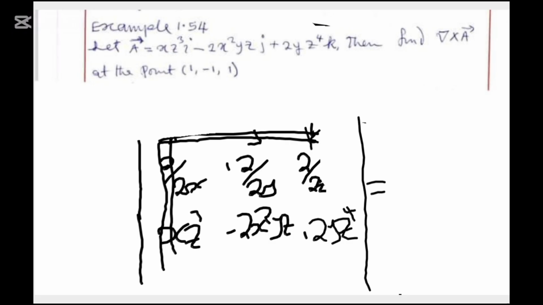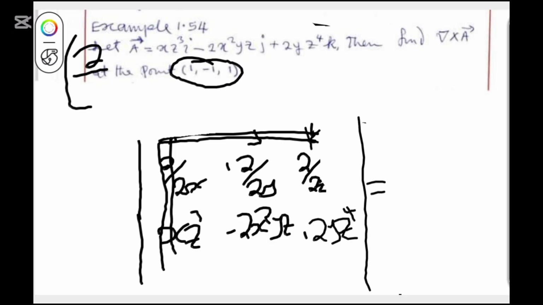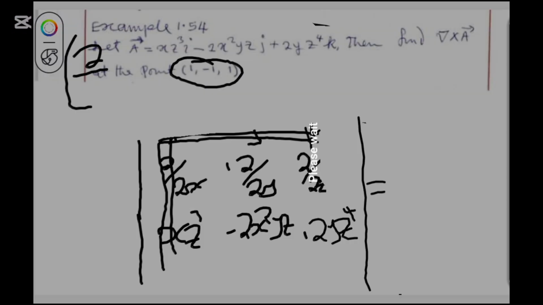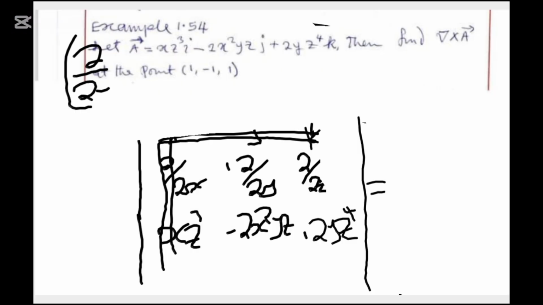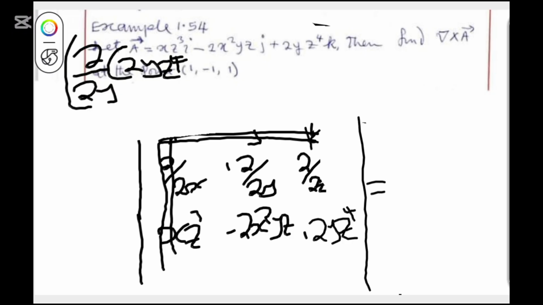I would say the partial, open bracket, of what? Don't forget the point we are given is 0, 1, -1, and 1. Take note of that. So the partial of dy multiplied by this. I have 2y and z to the power 4. Then I close the bracket.